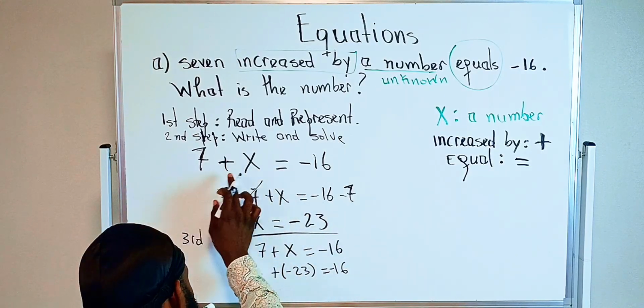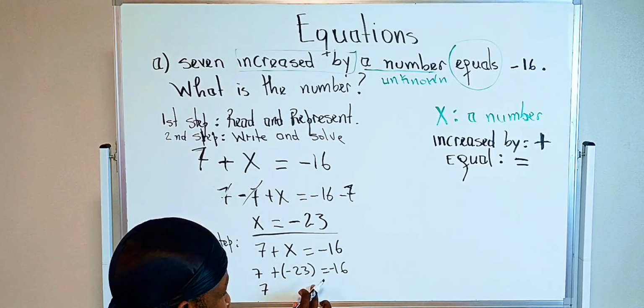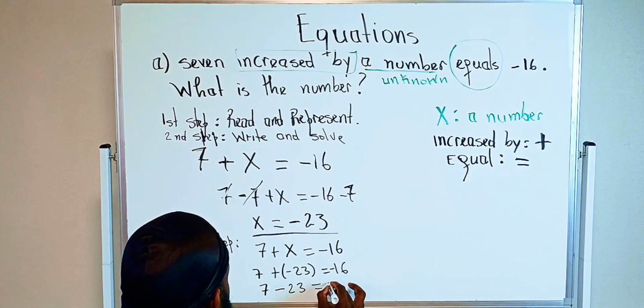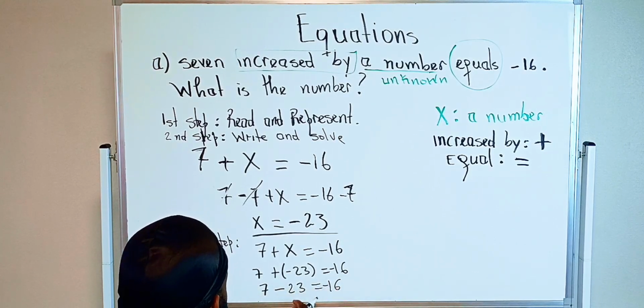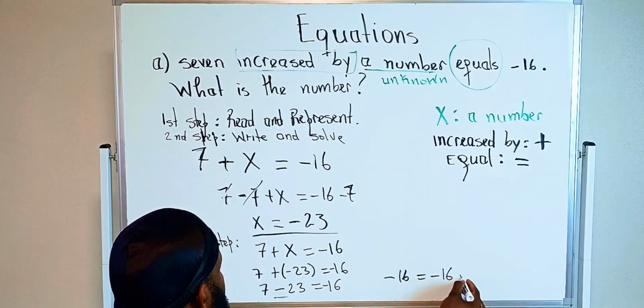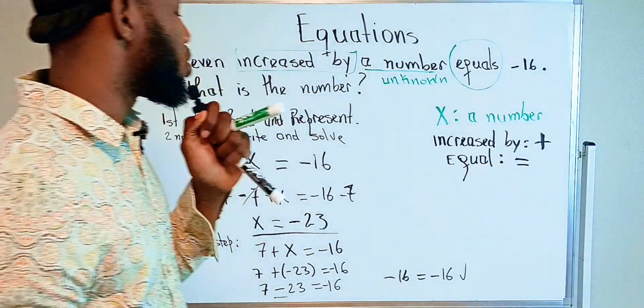The initial equation was 7 plus x equal negative 16. So 7 plus negative 23 equal negative 16. That means 7 minus 23 equal negative 16. So here we keep the sign and we do subtraction. Negative 16 equal negative 16. This is verified. So x equal negative 23 was really the exact answer for this equation.